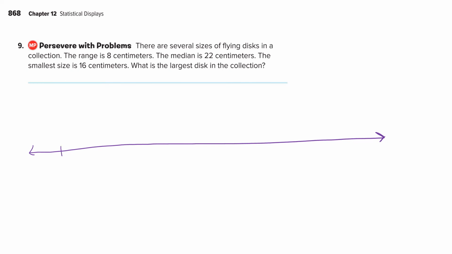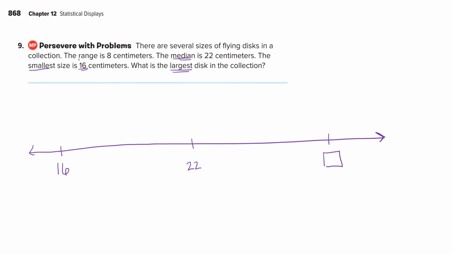We know right off the bat that the smallest size is 16 centimeters. We know that the median is 22. And we're looking for the largest disc, which is the maximum.